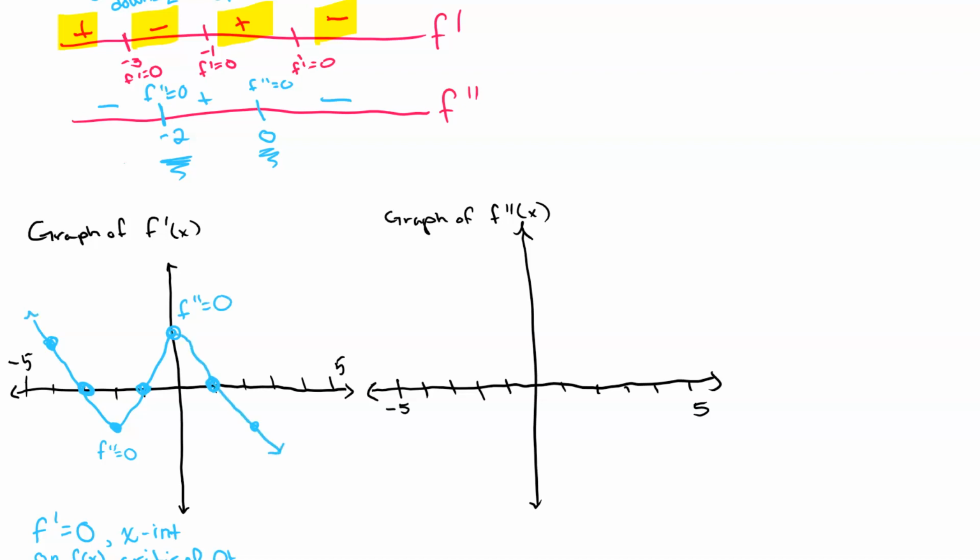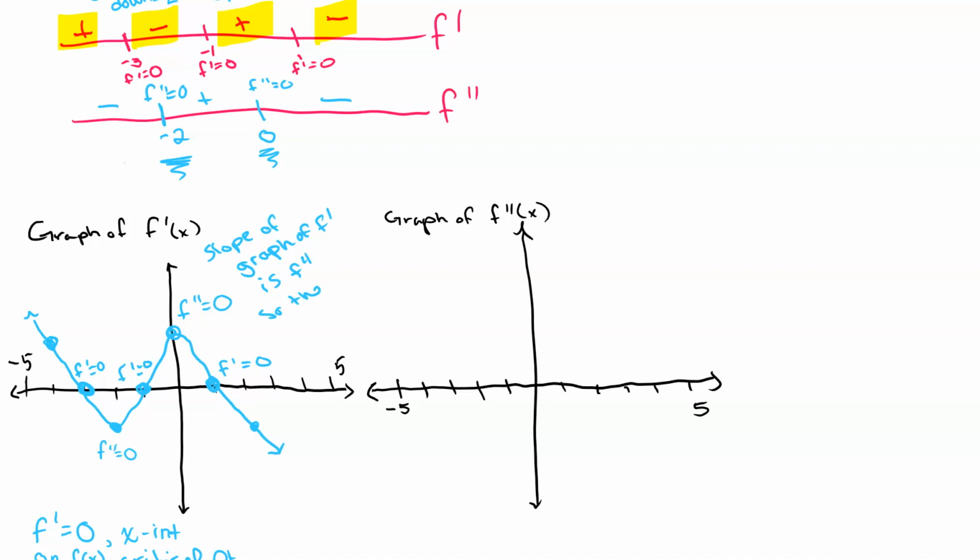So some things to notice here. These x-intercepts are our critical points, so that's where f prime equals 0. And then our maximum and minimum are going to be where our second derivative equals 0, because the slope of this graph of f prime is f double prime.